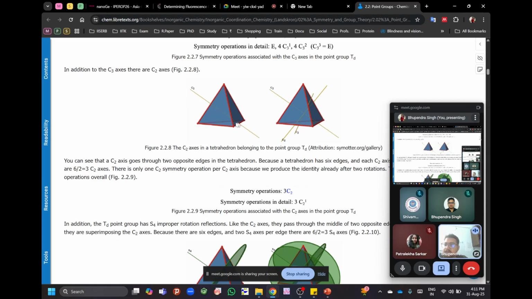Now this is in the middle of the edge. So now you can simply look at how many C2 axes are present. You can simply imagine that 3 C2 axes are present here.